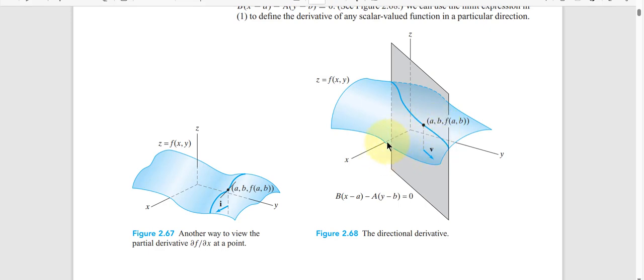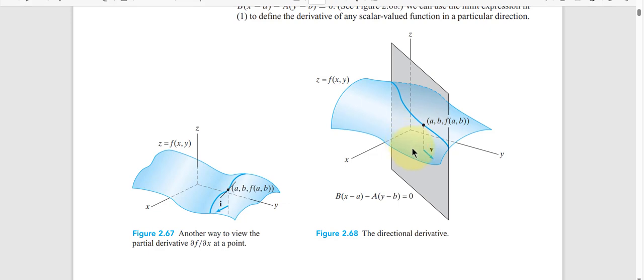We're going out a in this direction, and then b in the y direction, so we get to here. So we say at this point, but we can ask at any point in the v direction. We could say, let's go just this far in the x direction and just this far in the y direction, so we're right about here. We can still move in the v direction.